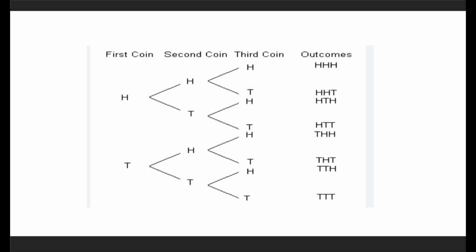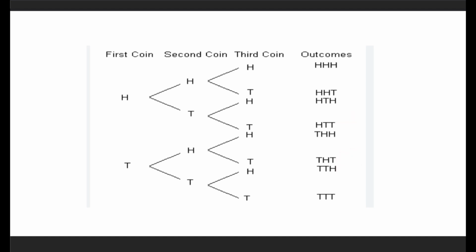So, if our random variable capital X is the number of heads, in this instance, there might be 0 head in this outcome because the 3 tails appear. And there might be 1 head appear here, another here, and here.